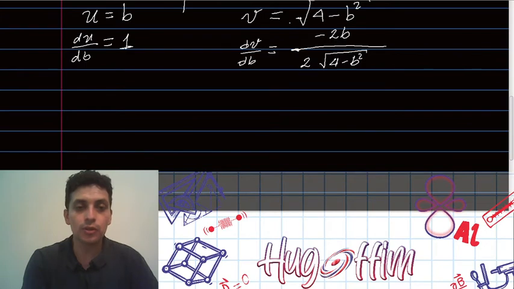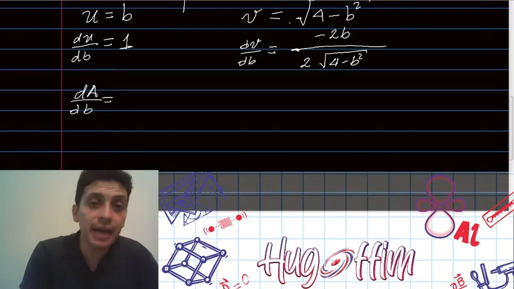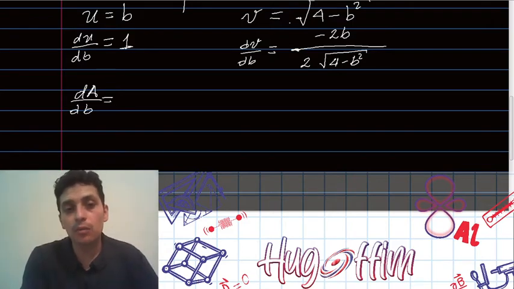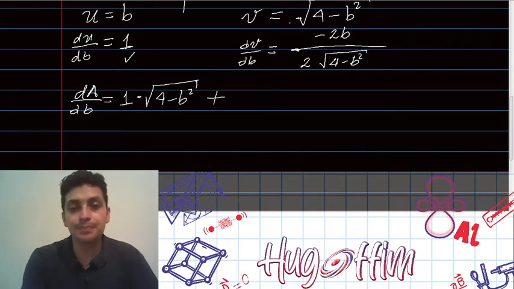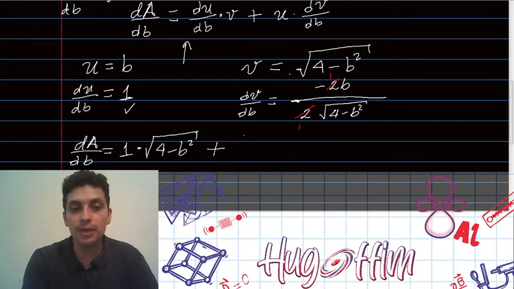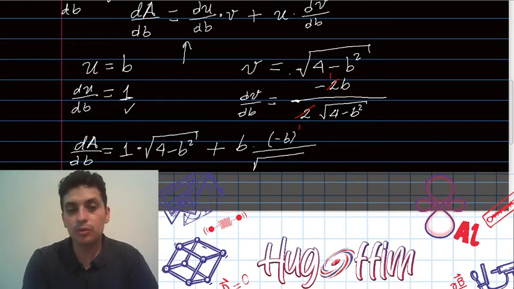So what we're going to do is just the dA/db, or derivative of area to length, will be du/db, 1, so 1 times b root of 4 minus b squared, plus, look, I can simplify here the 2, plus u, that is b, times minus b over root of 4 minus b squared.